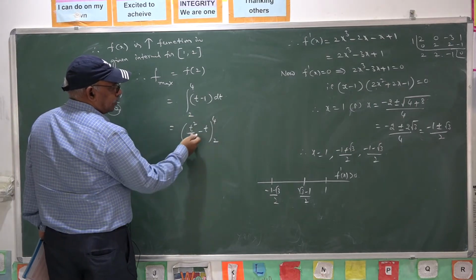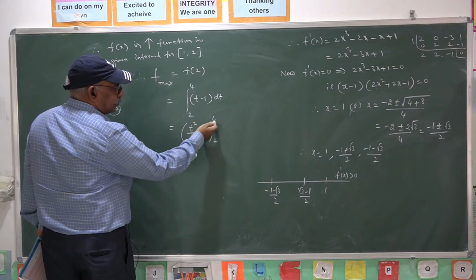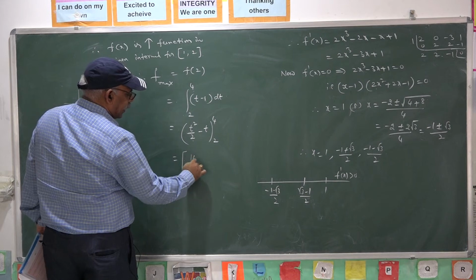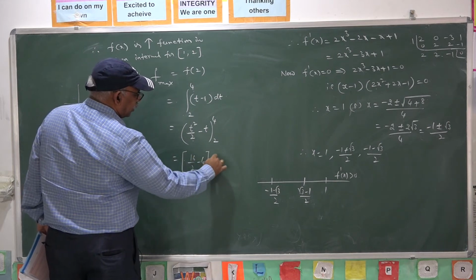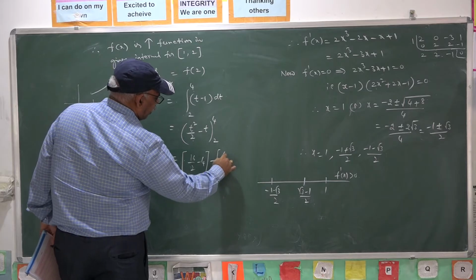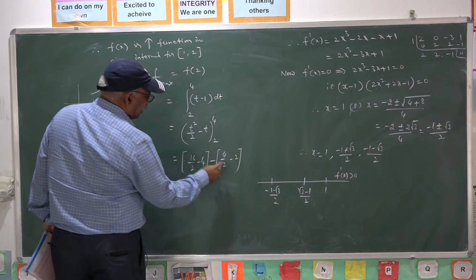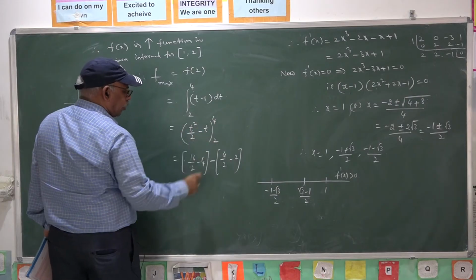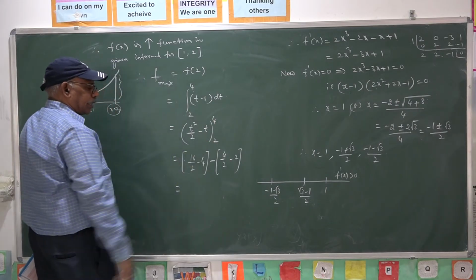So taking t equal to 4 at upper limit, the value is 16 by 2 minus 4. At lower limit, the value of the integral is 4 by 2 minus 2. The integral value at upper limit minus integral value at lower limit gives us that integral.